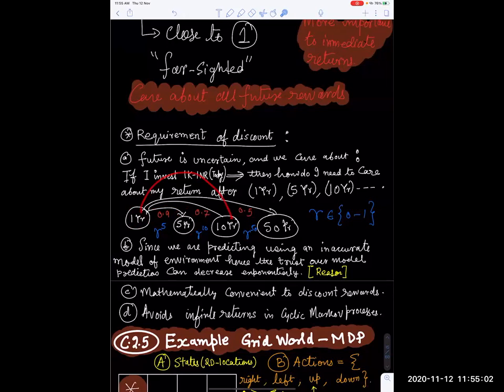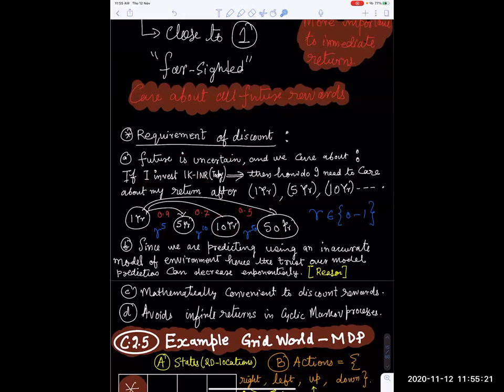After 10 years it will be converted into 1 lakh. And in 50 years it will be converted into 500 crores. So you will say that no, I am not interested in this, or I am interested but I will give very less weight to this because I am interested more in this.